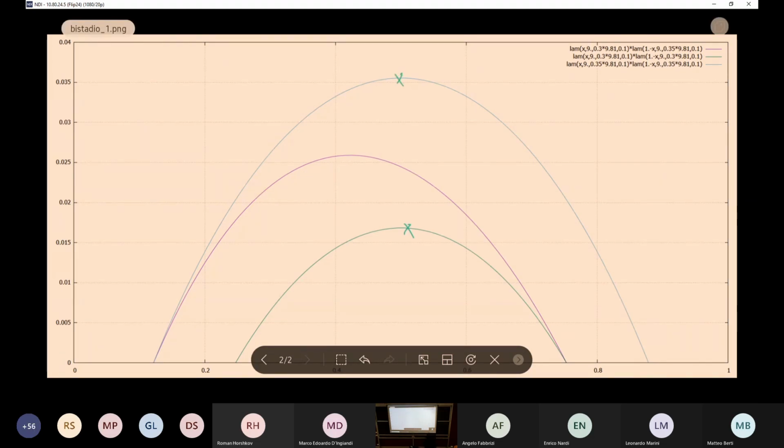If we have different values of specific impulse, we have an intermediate curve, and you see that the optimum will be here, at a position that corresponds to having less contribution from the first stage, which has less specific impulse, whereas the contribution of the second stage will be greater because of the higher specific impulse.